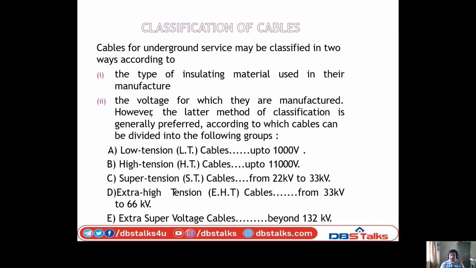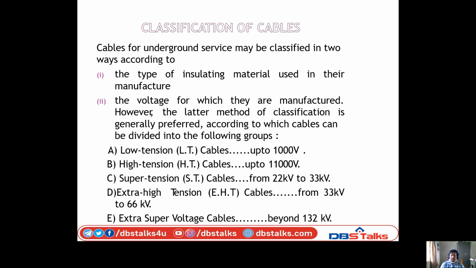Generally, cables are classified according to type of insulating material and also according to voltage rating. The second one is the basic one and generally preferred one also. That means classification according to voltage is chosen as the best one compared to type of insulating materials.